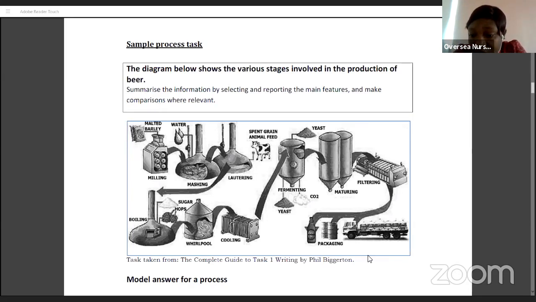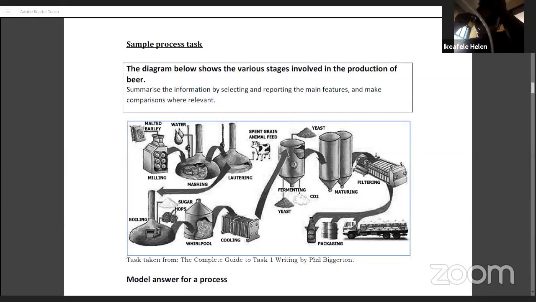What other word, Helen, can we use for stages? Please, synonyms for stages. Steps. Thank you.